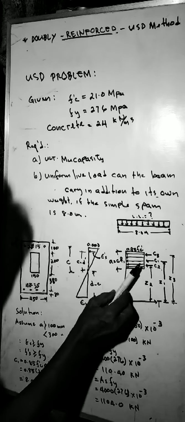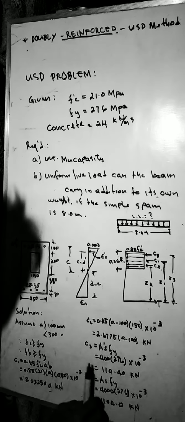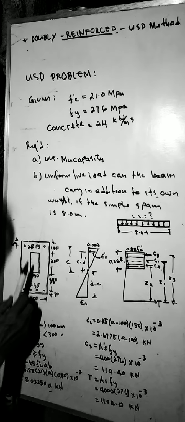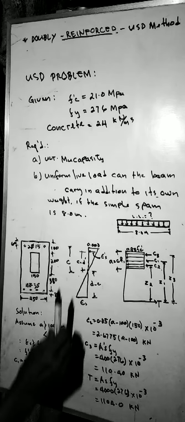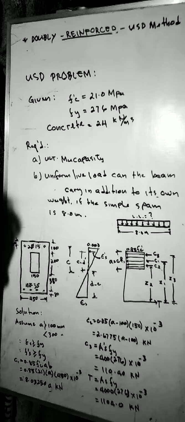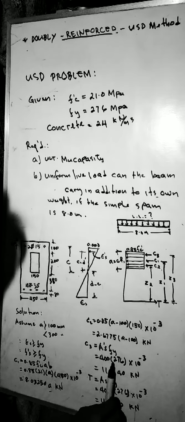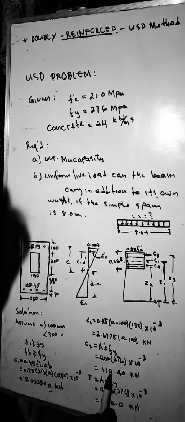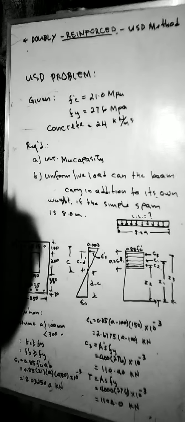C3 is for the compression bar: C3 equals A's times fy. We have 2 number 15 bars, and a number 15 bar has a cross-sectional area of 200 according to the specification. Computing this will give us 110.40 kilonewtons. So C3 is 110.40 kilonewtons.